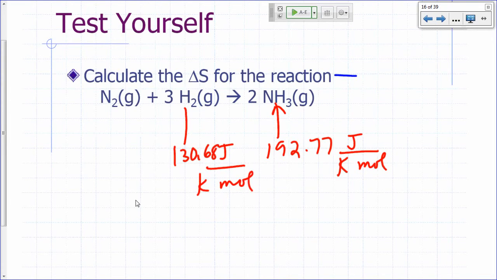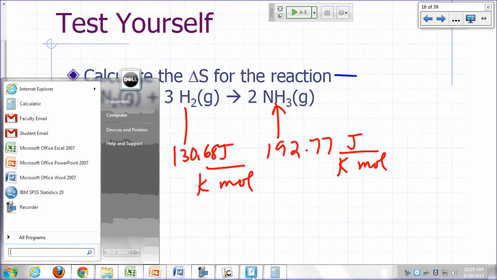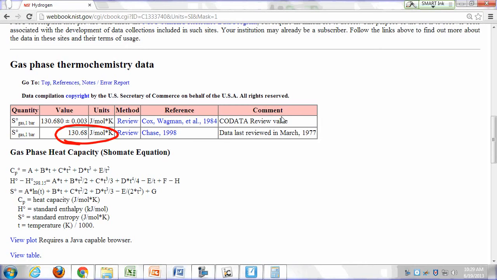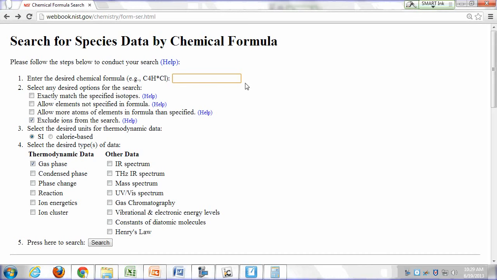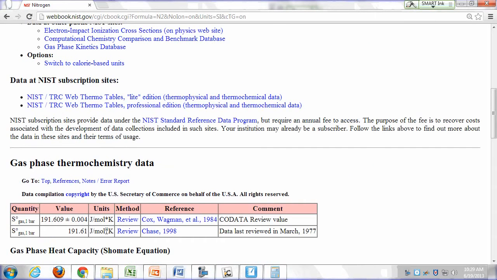We do the same thing for N2. Let's search for N2, nitrogen.